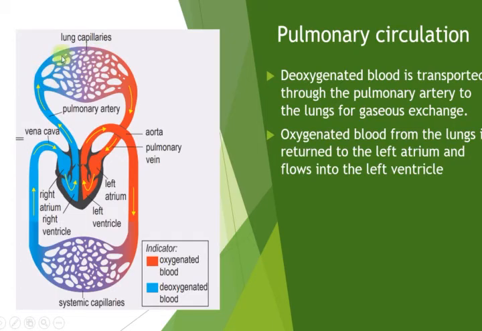The deoxygenated blood will receive oxygen and turn into oxygenated blood, and the oxygenated blood from the lungs returns to the left atrium through the pulmonary vein and flows into the left ventricle.